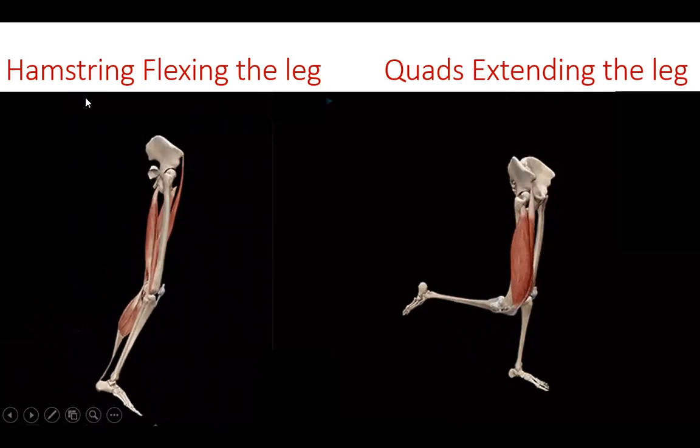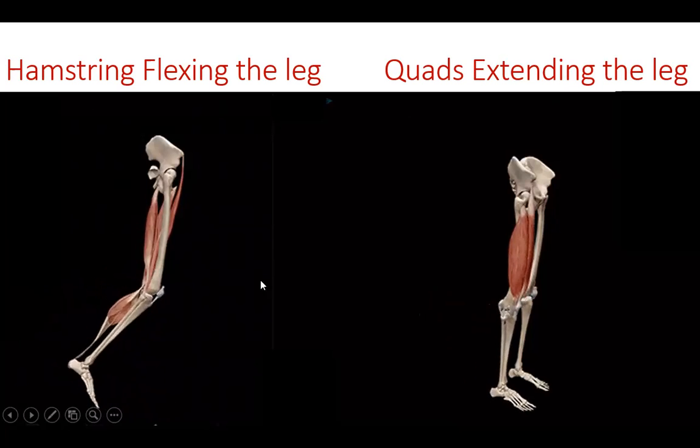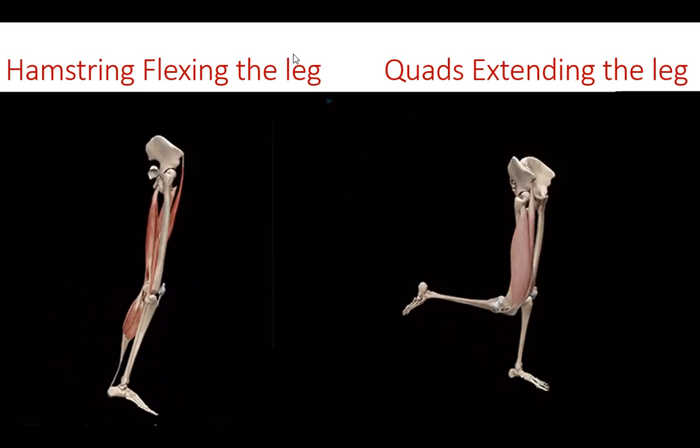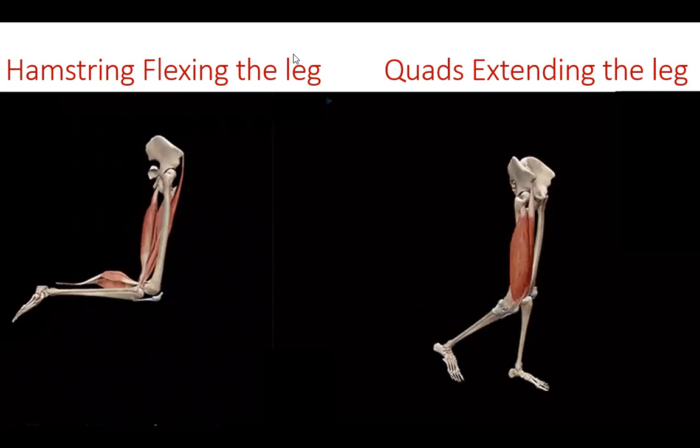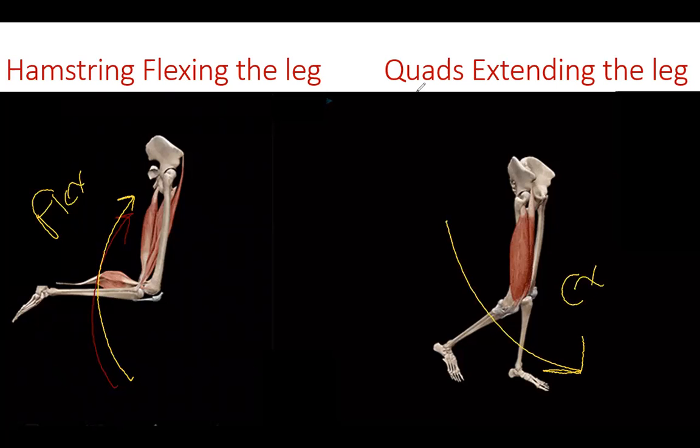If we're going to flex our leg, this is flexing it. It shortens the angle. This is what the hamstring does. It pulls the leg back like this. This is what the quad does. This is the hamstring. This is the quad. Extending the leg drives it forward. This is extending it.